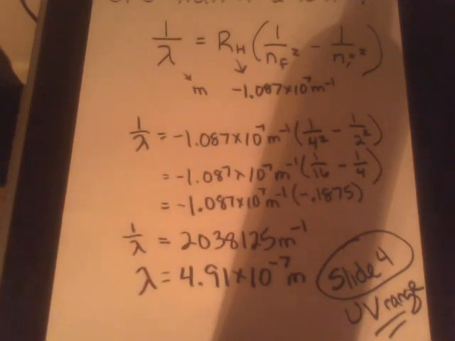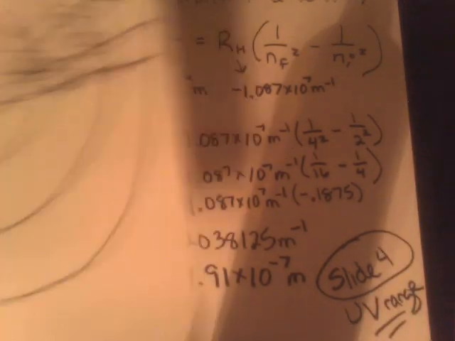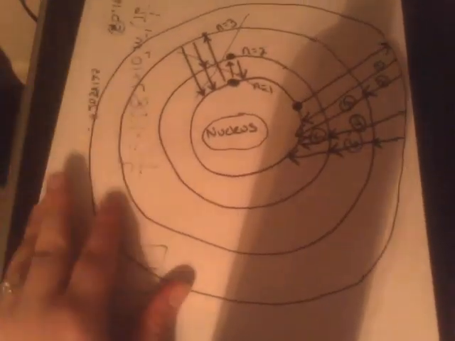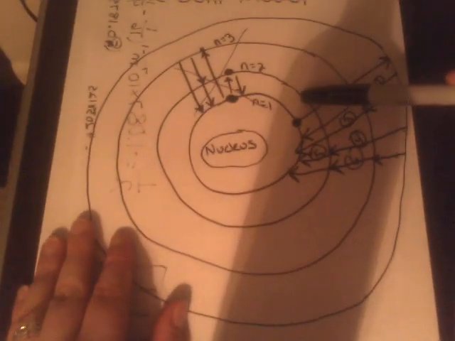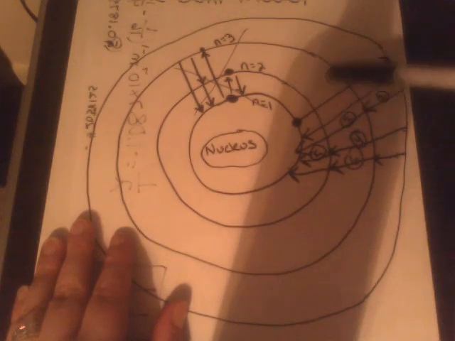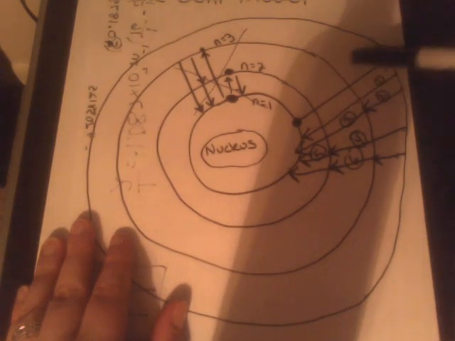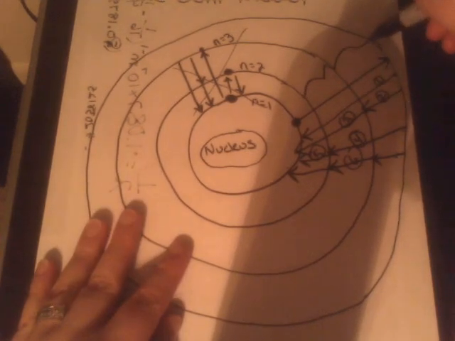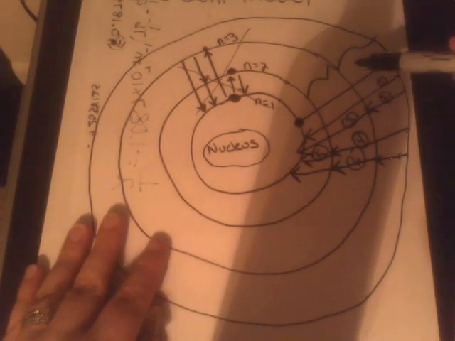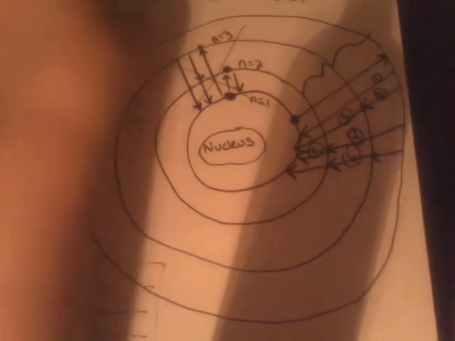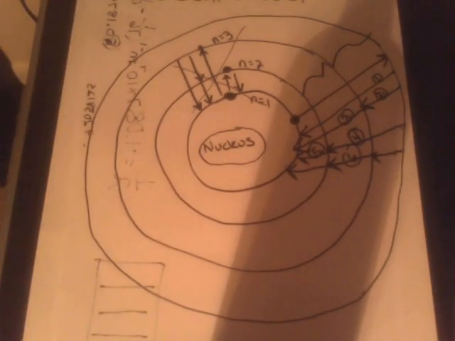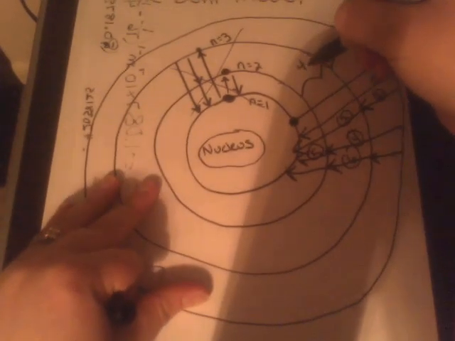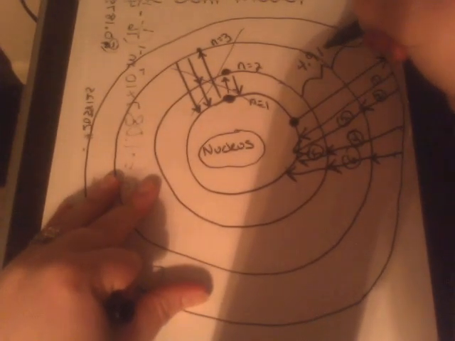So if we had an electron that transferred from n equals 2 to n equals 4, the wavelength of this transition, in order to get it to transfer from here to here, we're going to need 4.91 times 10 to the negative 7 meters.